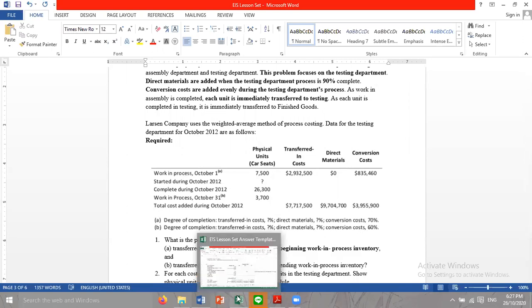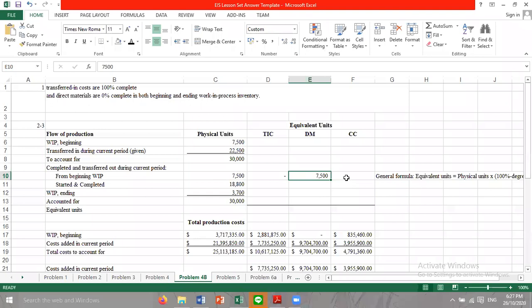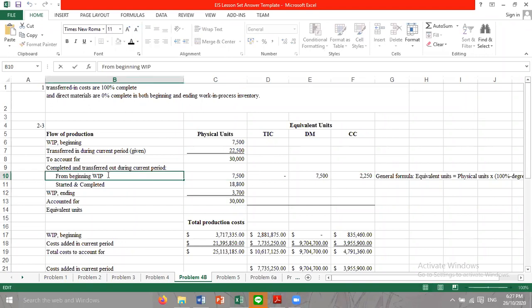So we have 30% of conversion cost work left. So we know that the equivalent unit to complete the beginning WIP is 30% times 7,500, which is 2,250. Okay, that's for beginning work in process, which is transferred out.